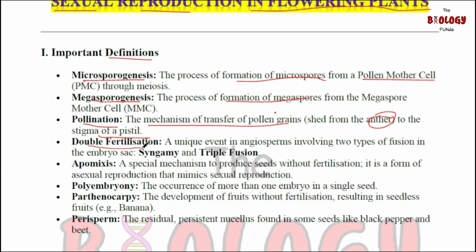Then we have double fertilization. This is a unique event that takes place in flowering plants, which are angiosperms, and this involves two types of fusion. One is syngamy and the next one is triple fusion. And this double fertilization process takes place in the embryo sac.